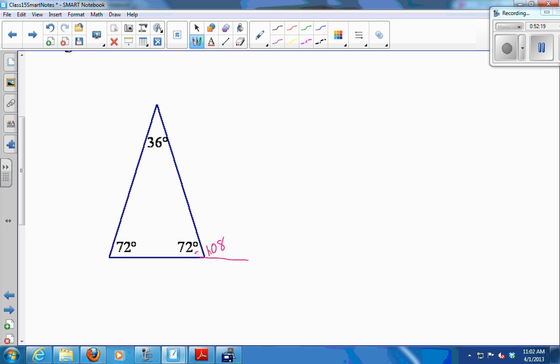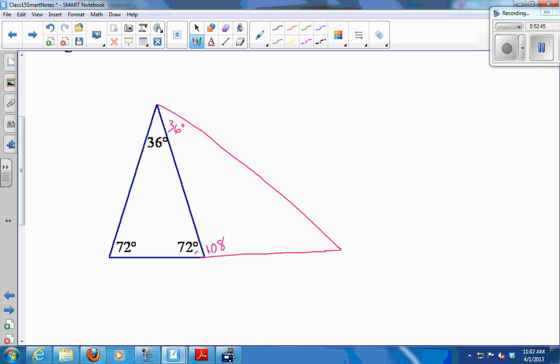And then up here at this angle, I'm going to copy it. I'm going to create another 36-degree angle. And then extend the two pink lines that I started until they touch. Okay.